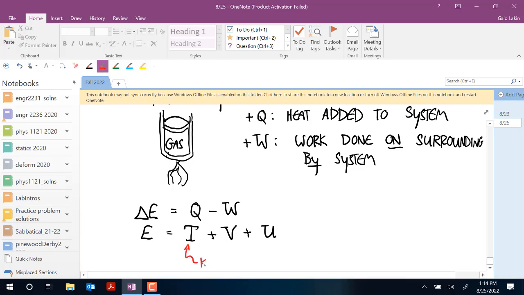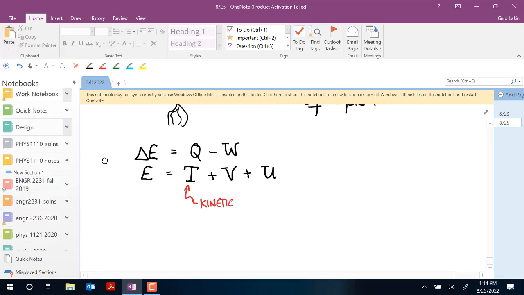So this is kinetic energy. Capital V is potential energy. And capital U is internal energy.